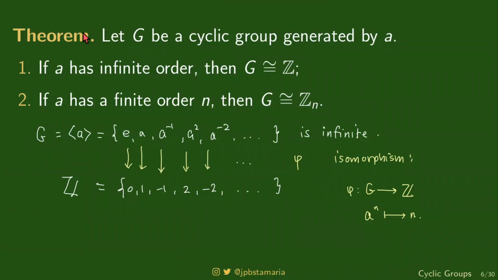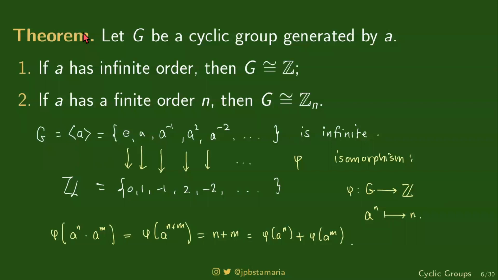This is clearly bijective. Do you see that it is bijective? Why is this operation preserving? Kasi pag meron kang dalawang powers ng a, loss of exponent, that's a to the n plus m. Basically, by definition, that's n plus m. And n is phi of a to the n. And m is phi of a to the m.